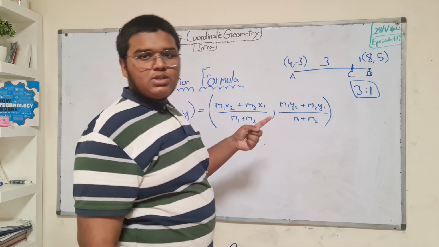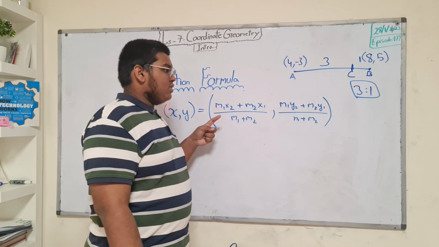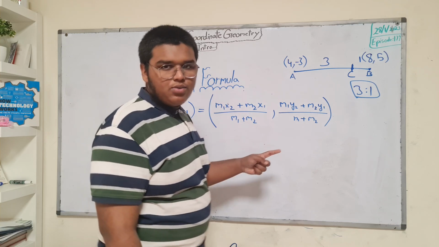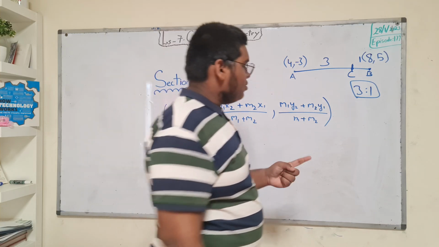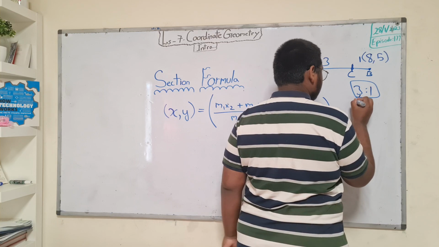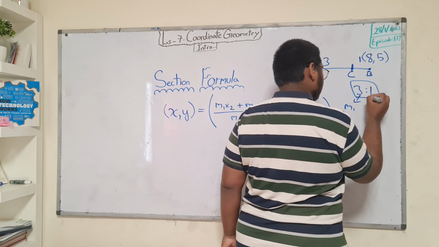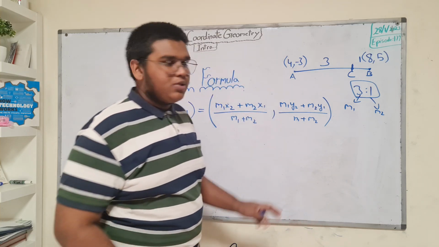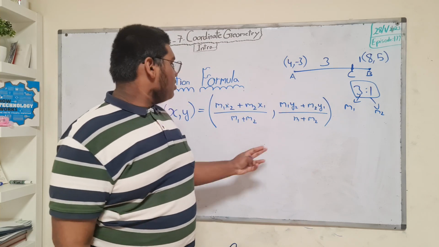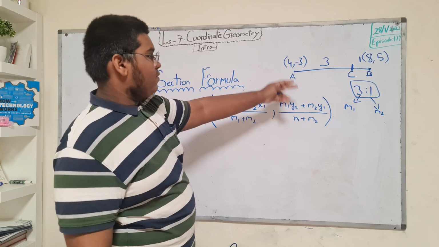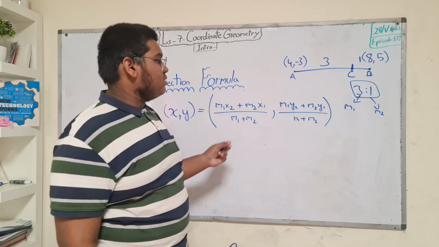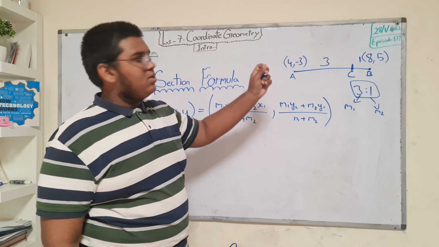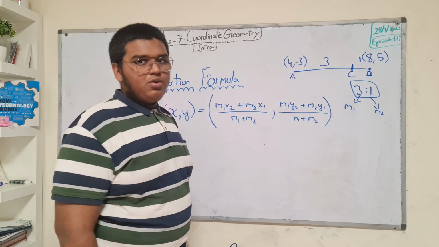Now what does this 3 is to 1 mean? The ratio values are called m. So if the first ratio is 3, then it is m1, and the second ratio is 1, so it is m2.